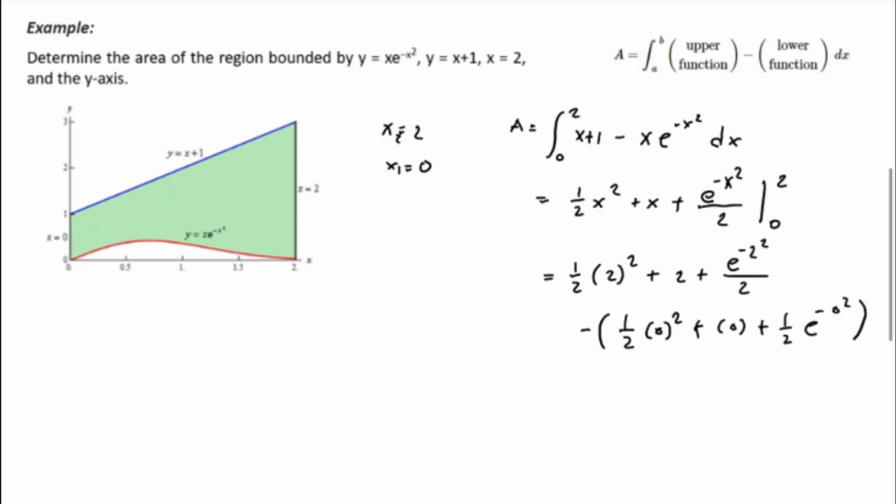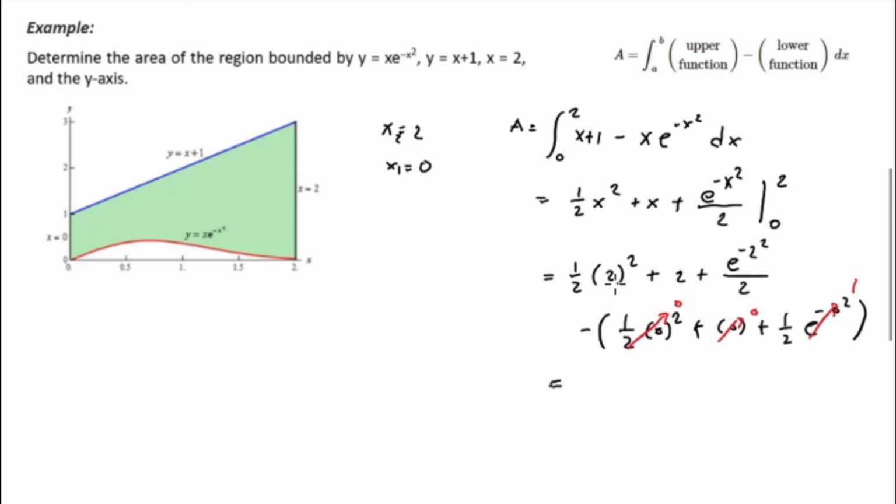The value of 1/2 times 0 squared is 0, and this will also be 0, and the value of e to the negative 0 is equivalent to 1, and then we simplify.